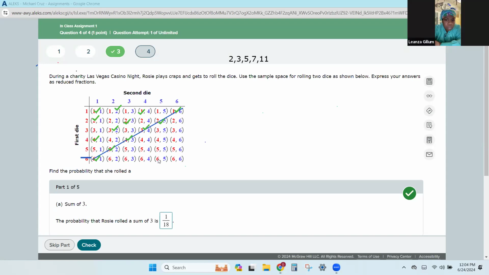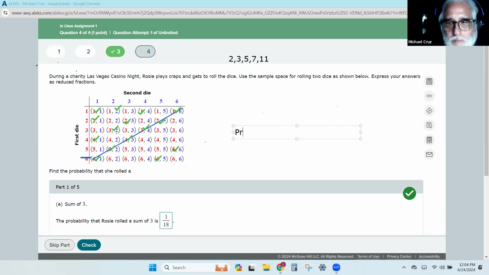And then 11s here and here. So how many is that? So there's 36.